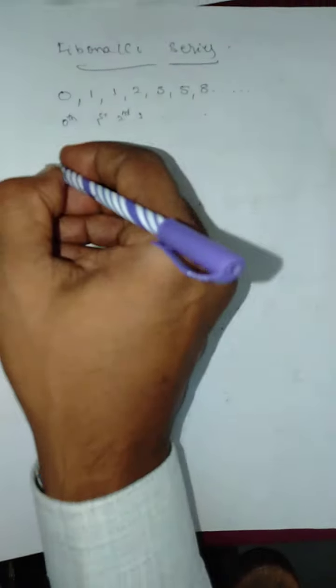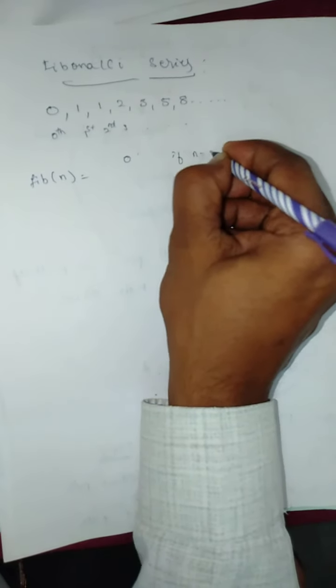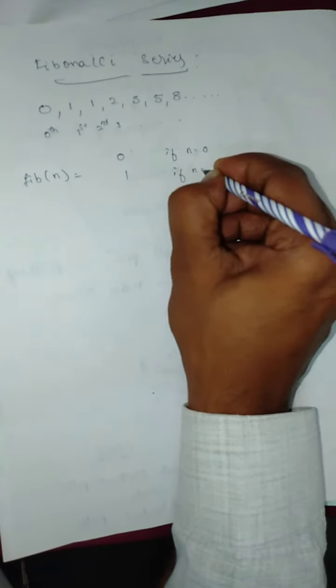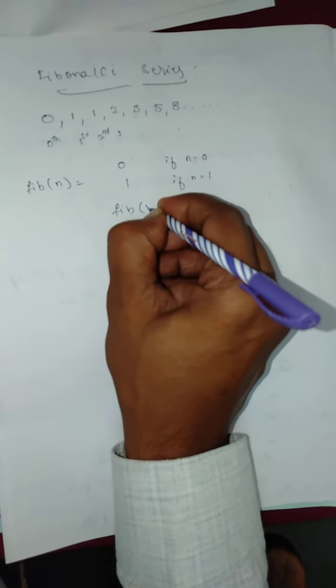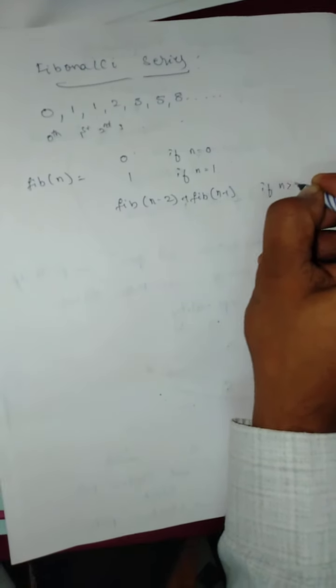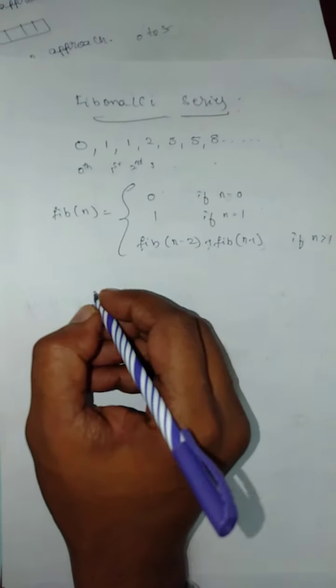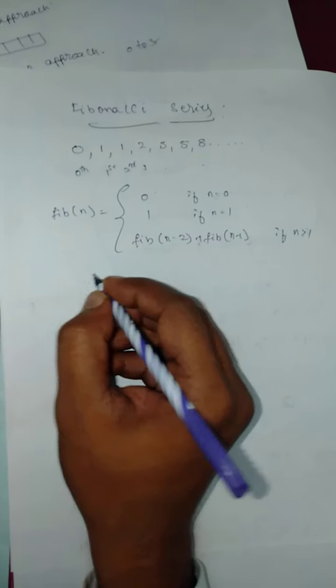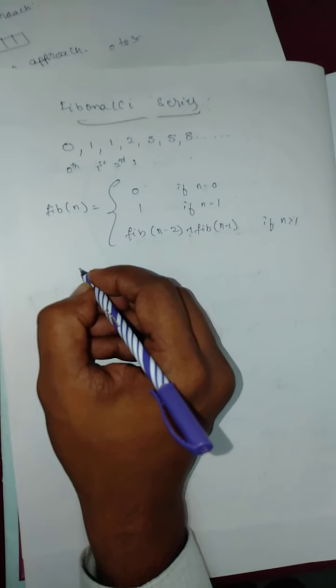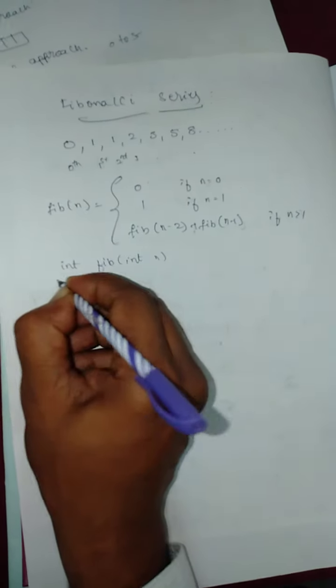and so on. So I write a recursive formula, that is fib of n is 0 if n is equal to 0, it is 1 if n is equal to 1, and it is fib of n minus 2 plus fib of n minus 1 if n is greater than 1. All right. Now we shall write a recursive function for this, int fib(int n).